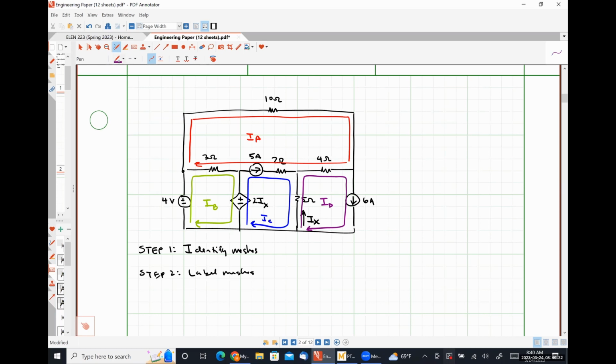Now we're going to be at step 3. Write our controlling variable equations, or express controlling variable in terms of mesh currents, I think is how I said it earlier.